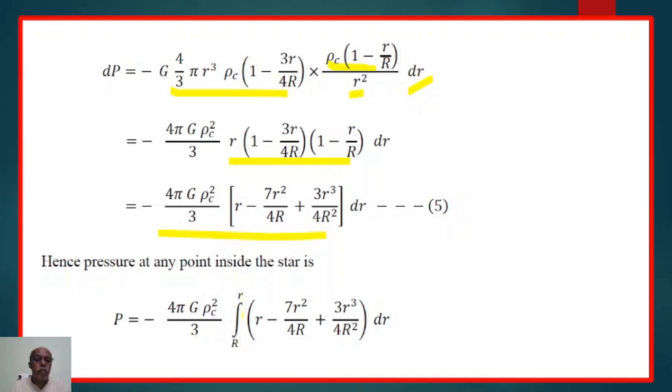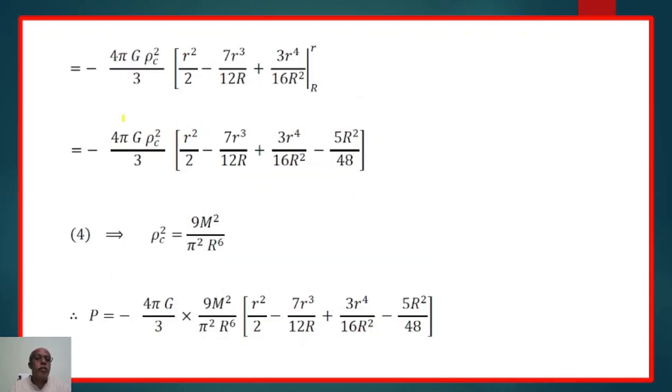Minus 4 pi G rho c square by 3 is constant, which is kept outside the integral, and within the integral it is (r minus 7r square by 4R plus 3r cube by 4R square) dr. On integrating, we get minus 4 pi G rho c square by 3 into (r square by 2 minus 7r cube by 12R plus 3r to the power 4 by 16R square).